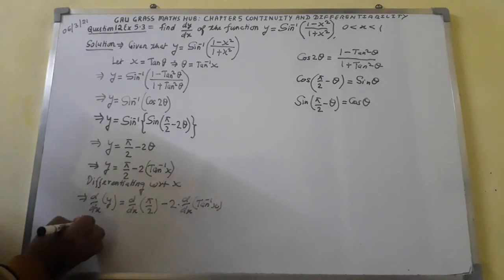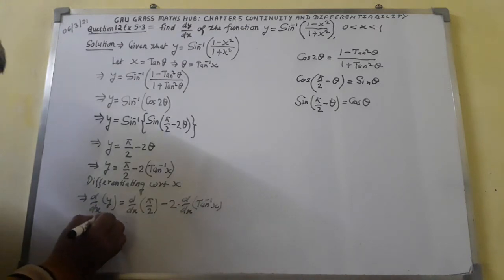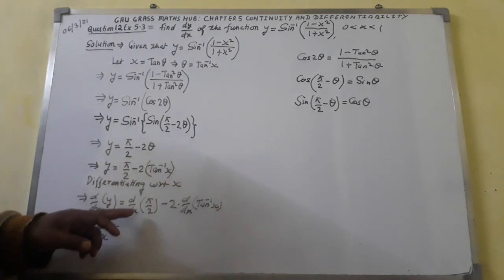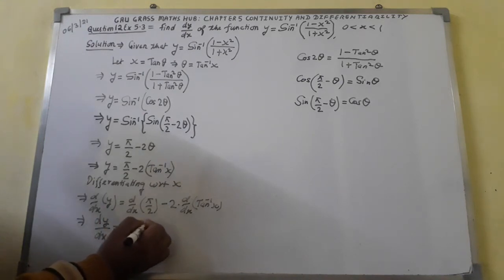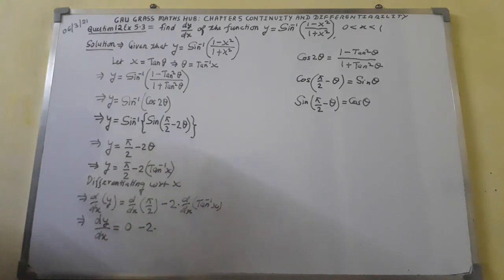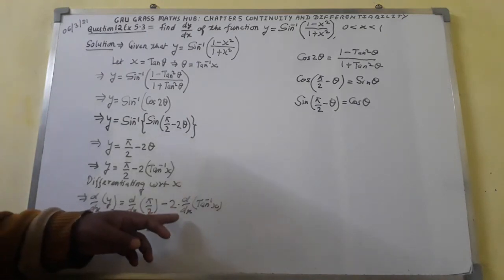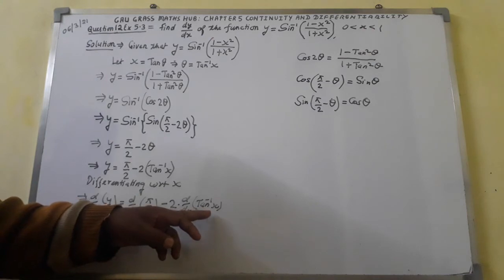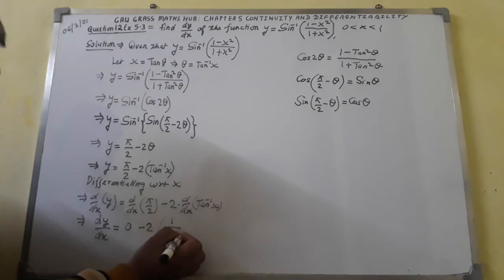Here you will get dy over dx equal to d over dx of pi by 2, which comes out to 0, minus 2 times d over dx of tan inverse x, which equals 1 over 1 plus x square.